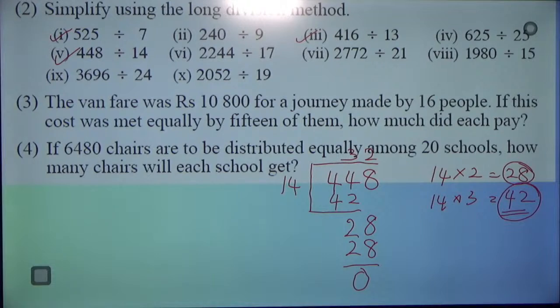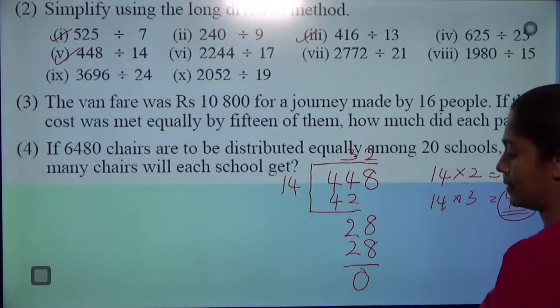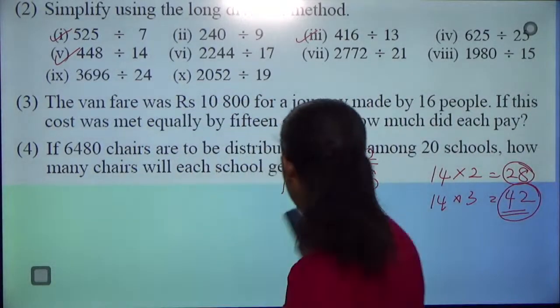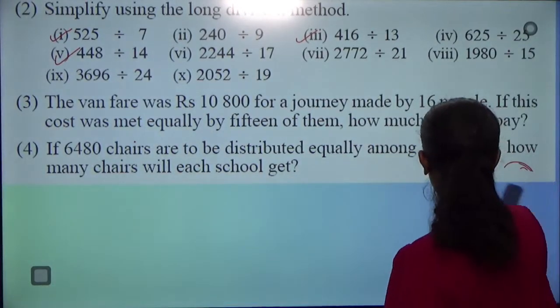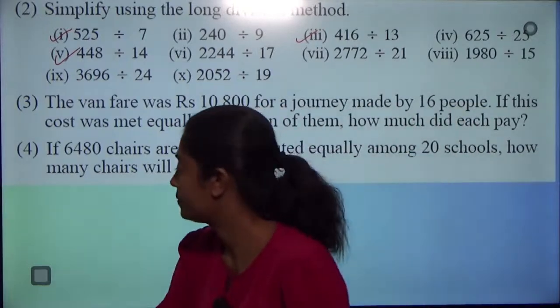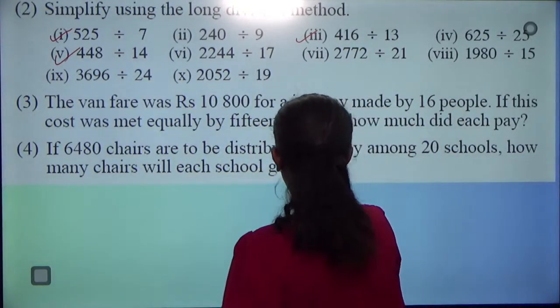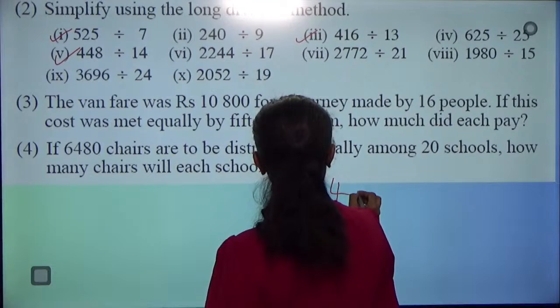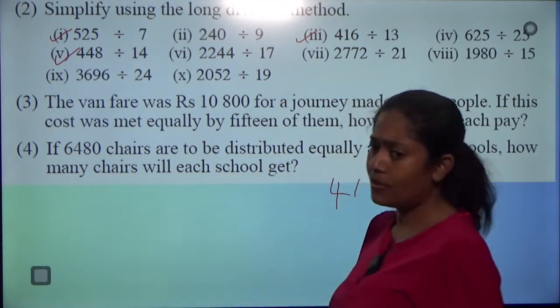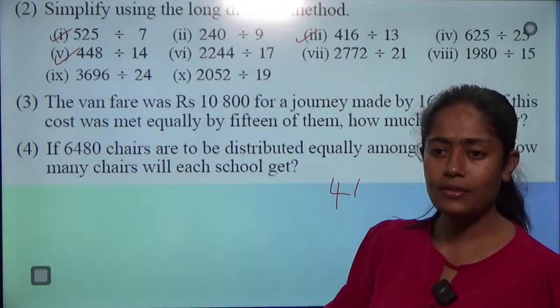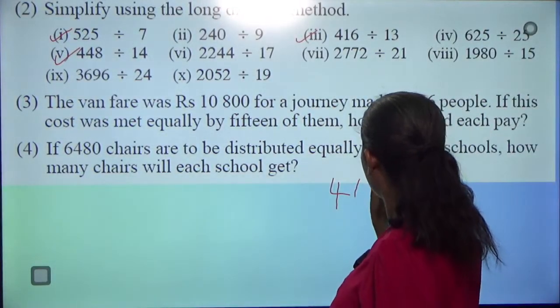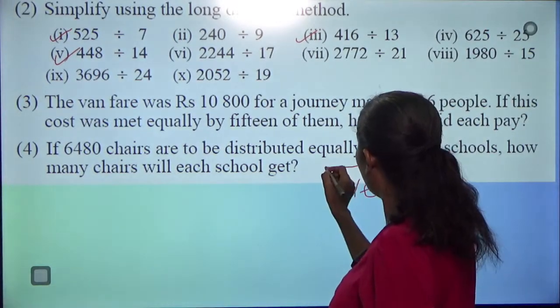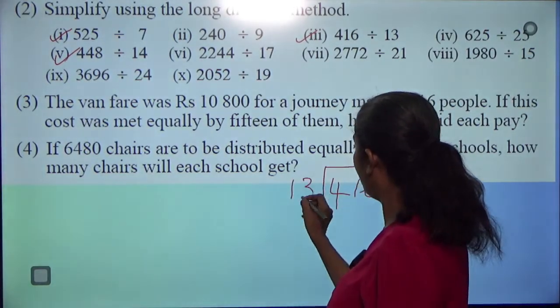Please, teacher. Right. What is the answer? Right, we'll see. 32. 416 we have to divide by 13.